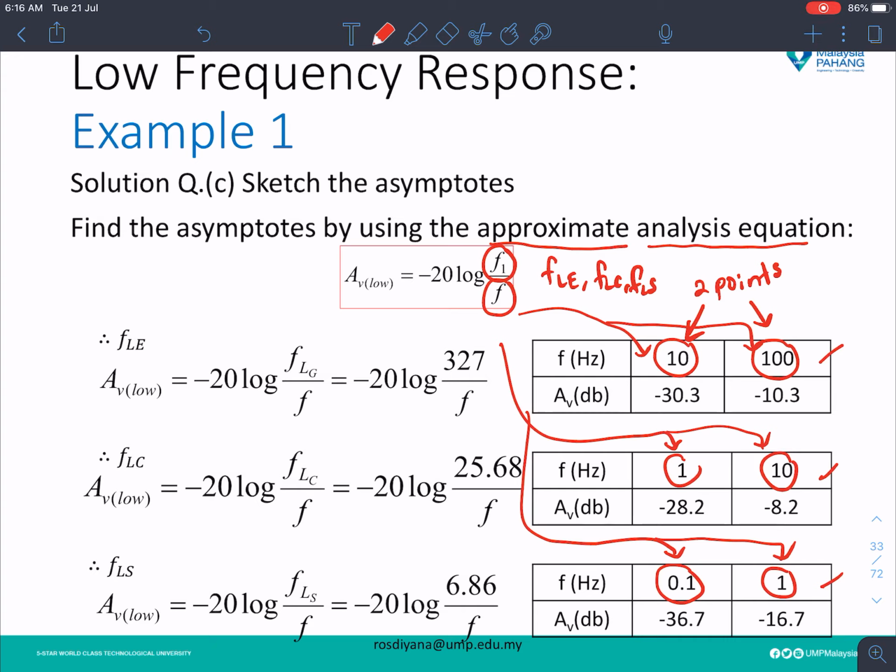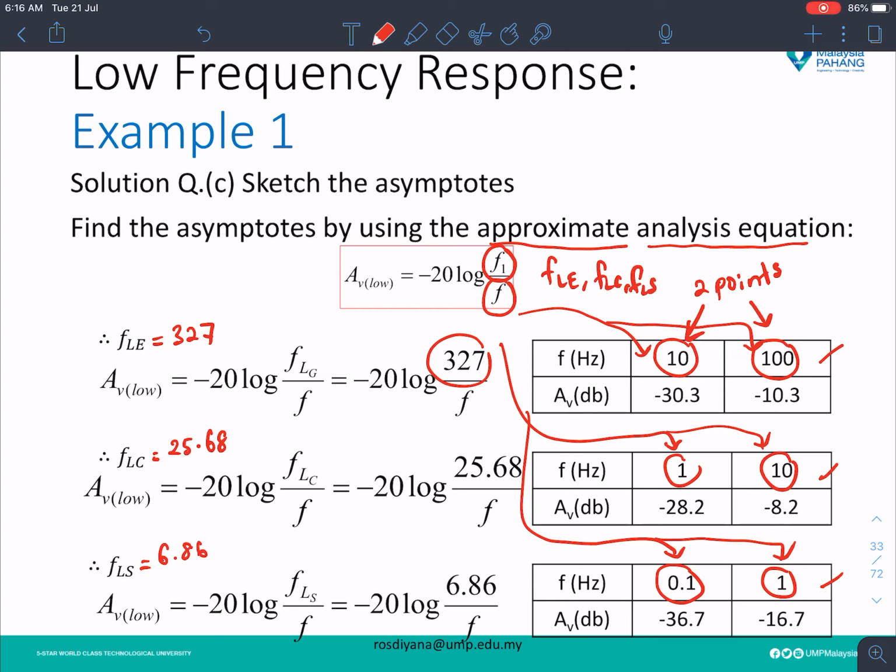I will explain a little bit here. The FLE now is 327 Hertz, and FLC is 25.68 Hertz, FLS is 6.86 Hertz.